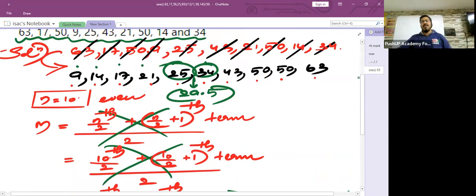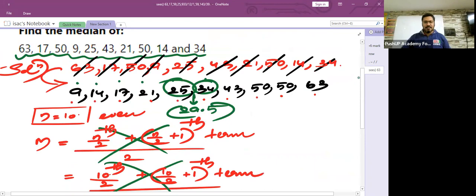See, I'm going back to the given set of observations. Children, see this. The first observation is what? 9. Second observation, 14. Third observation, 17. Fourth observation, 21. The fifth observation and the sixth observation, and then comes 7th, 8th, 9th, and 10th.